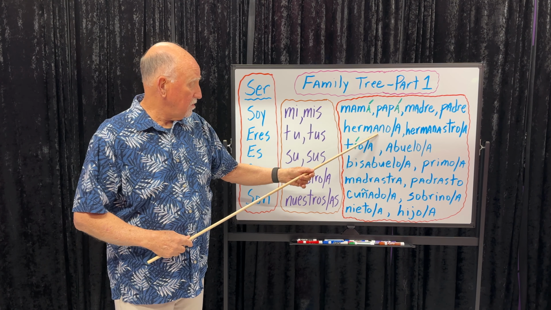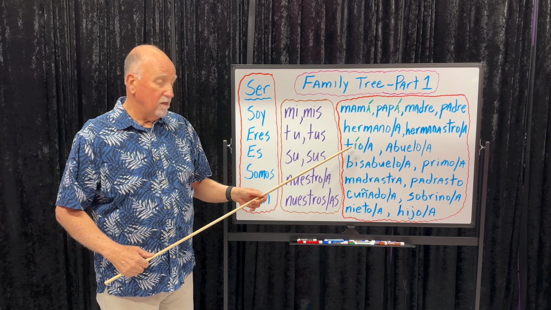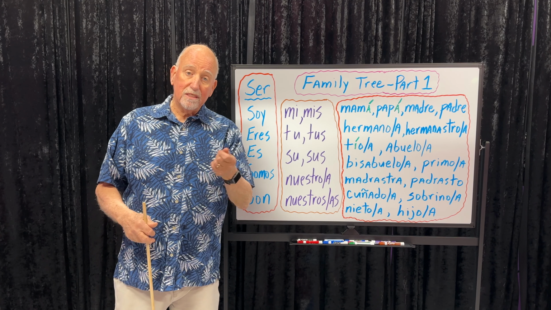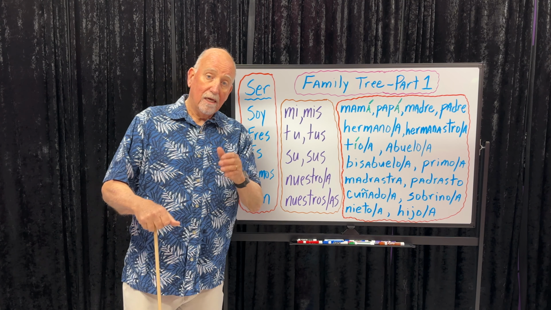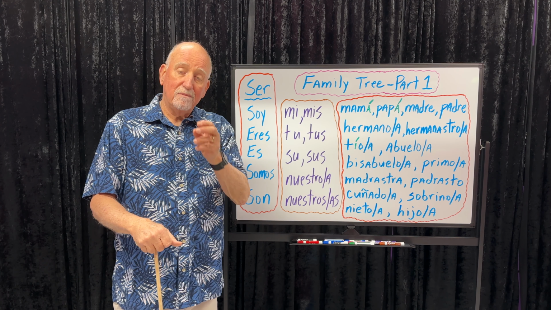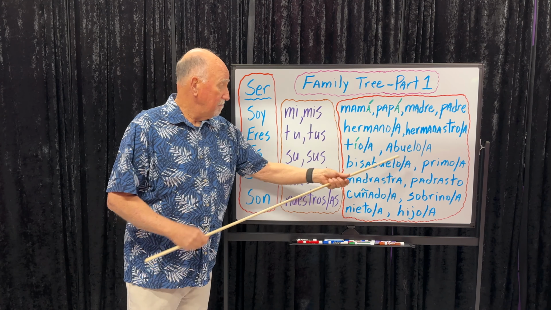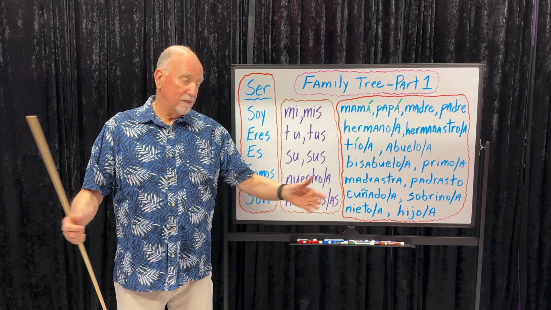So brother and sister are hermanos, or brothers, hermanos. Coming down here, my aunt and uncle would be mis tíos, mis tíos. In English we say my aunt and uncle, but in Spanish we say mis tíos. So we don't say mi tío y mi tía. Mis tíos, we combine it. Mis abuelos, my grandparents, right?